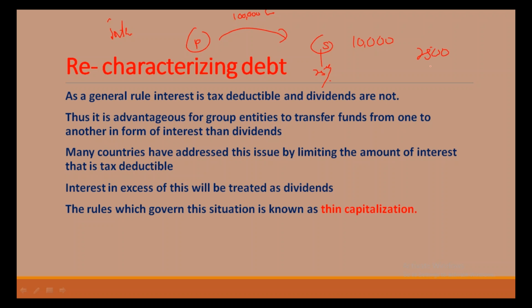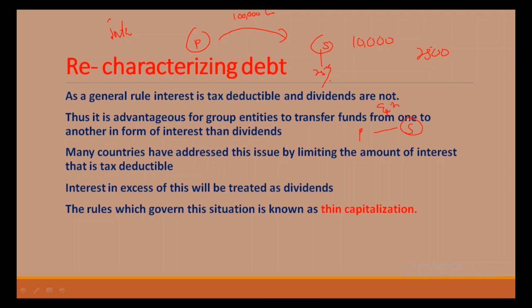Okay. Right. Now that's one scenario. The other scenario is the parent doesn't give a loan, the parent puts money in as equity in the subsidiary.